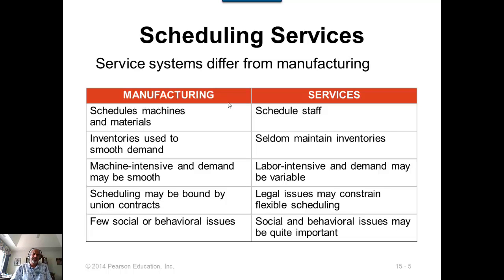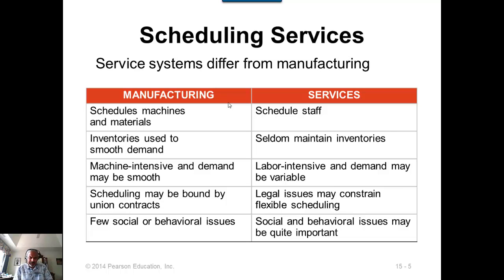In manufacturing, scheduling is constrained by union contracts, whereas in service there may be some legal requirements, like giving a certain amount of break time and lunch time. These need to be taken into account while making a schedule in a service environment.